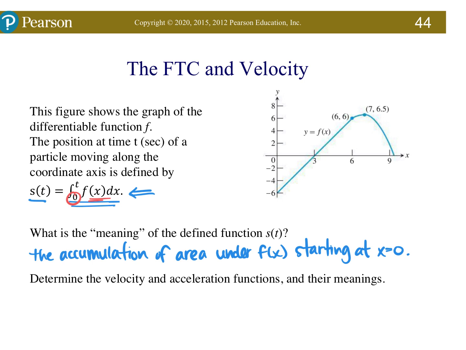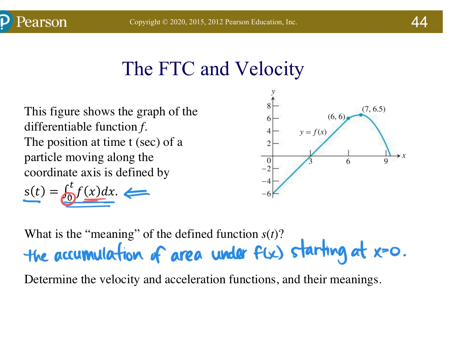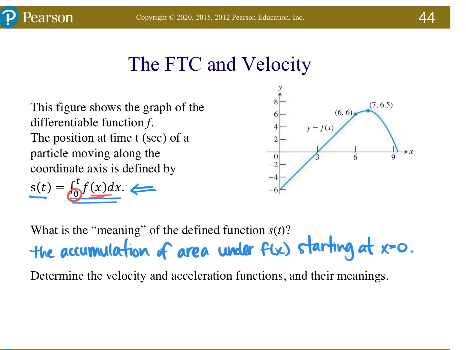So determine the velocity and the acceleration functions. That would be kind of the same thing that we have been doing now. So the velocity function has to be the derivative with respect to time of s of t, which would be the derivative of this integral.